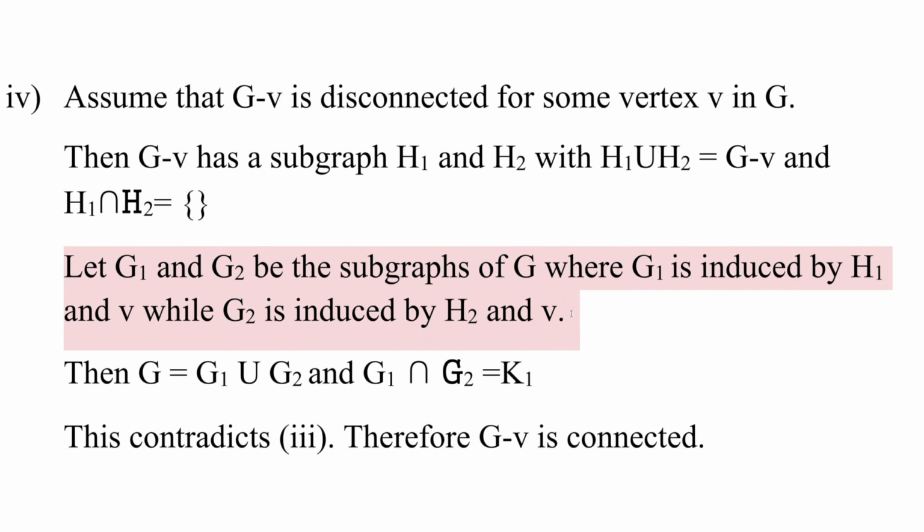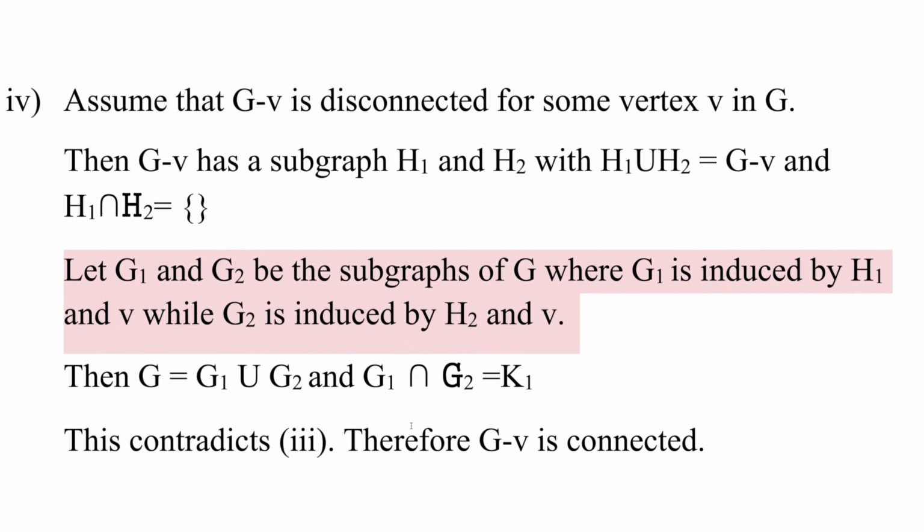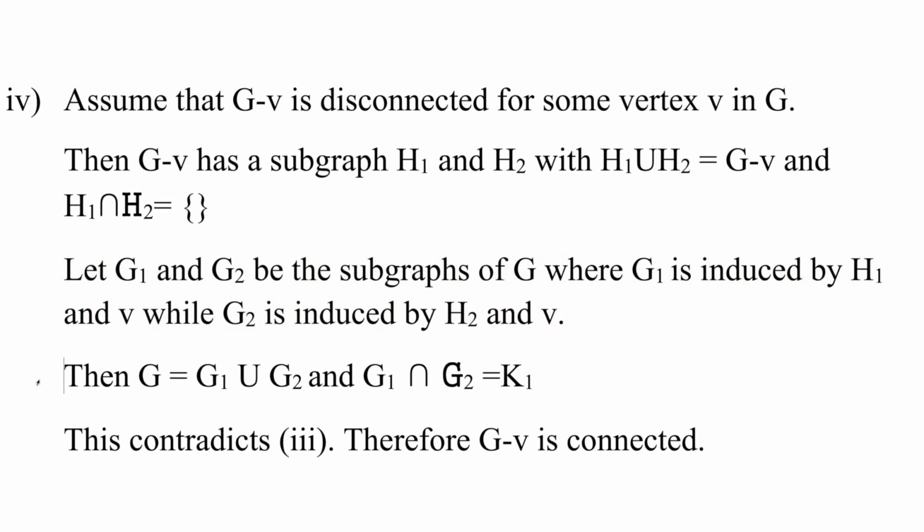Let G1 and G2 be the subgraphs of G where G1 is induced by H1 and V, while G2 is induced by H2 and V. Then G is equal to G1 union G2 and G1 intersection G2 is equal to K1. This contradicts the third statement, which means G minus V is connected.